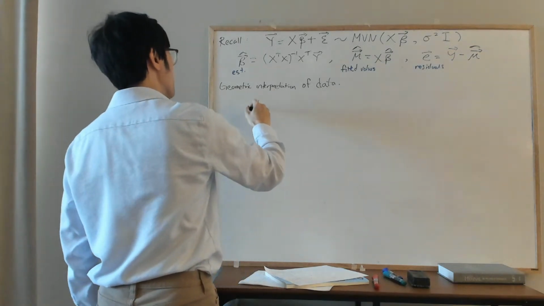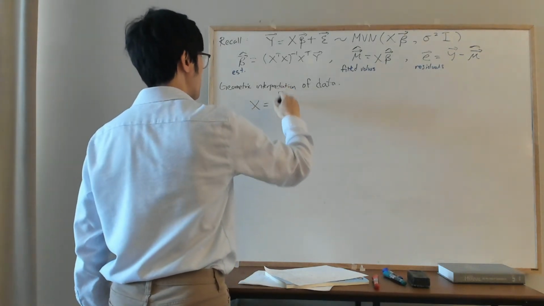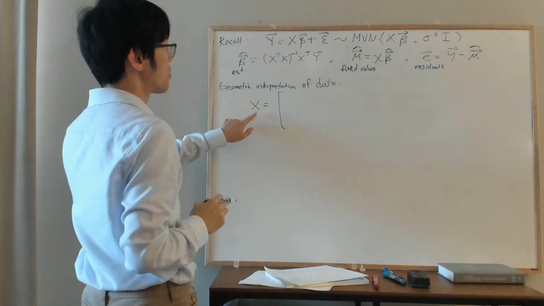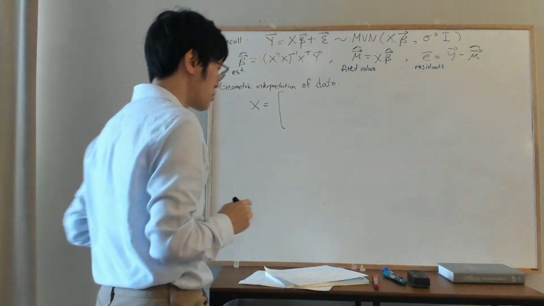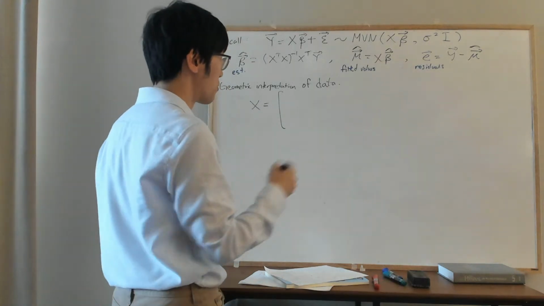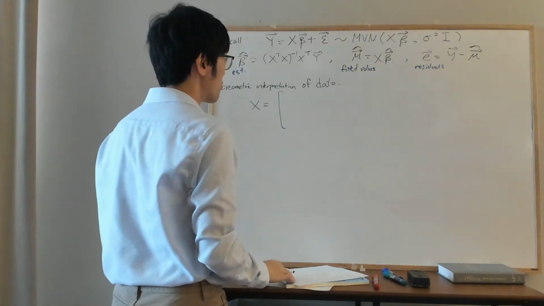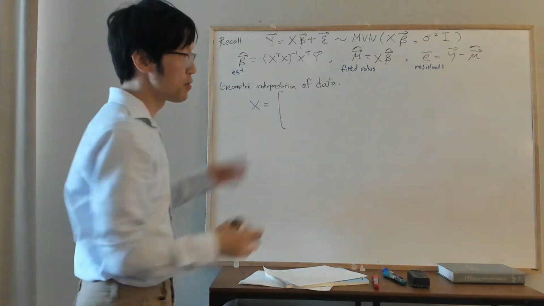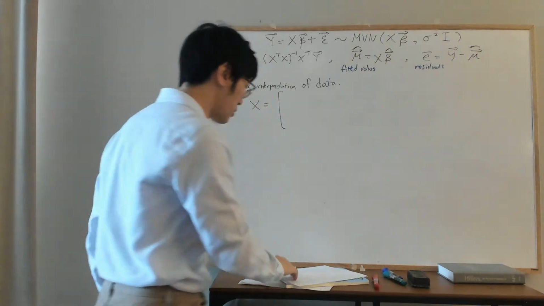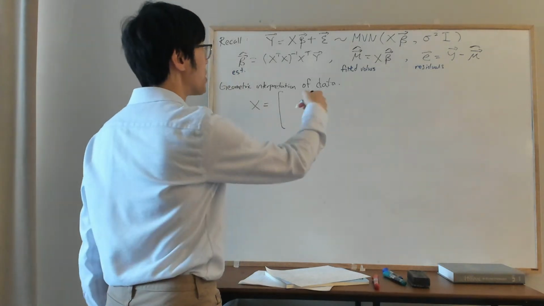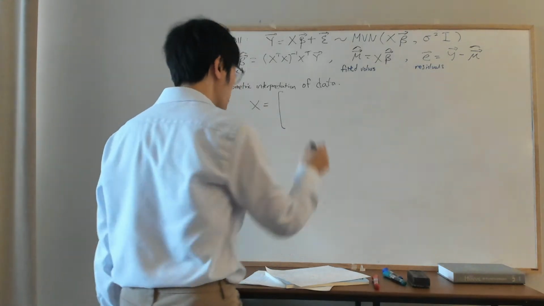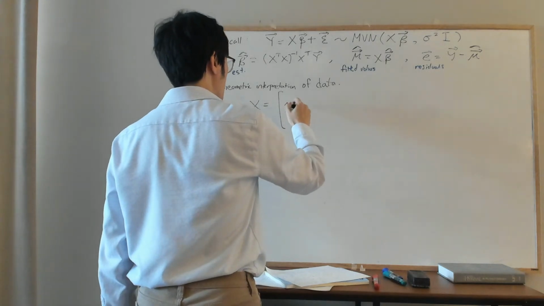Remember we can write the matrix X in terms of a bunch of column vectors, the first one corresponding to the intercept, and each of the other columns corresponding to the p explanatory variables. We've seen this matrix representation before.